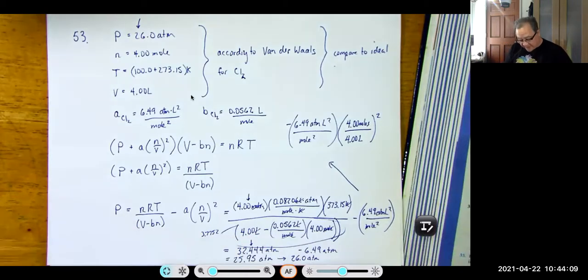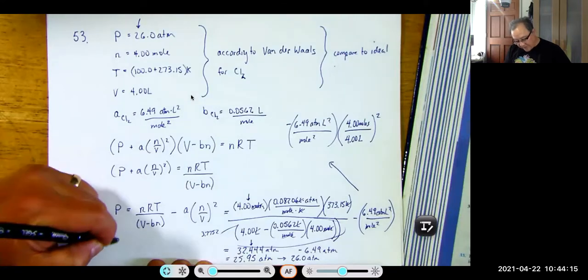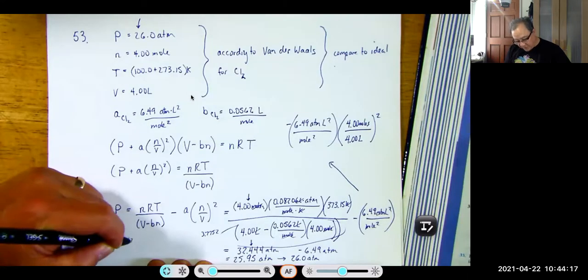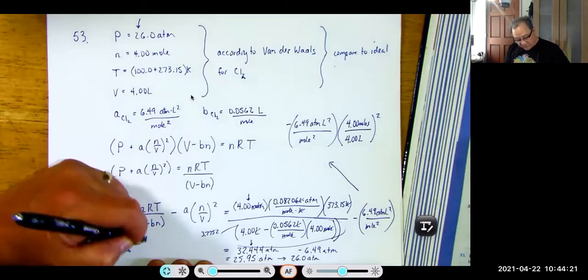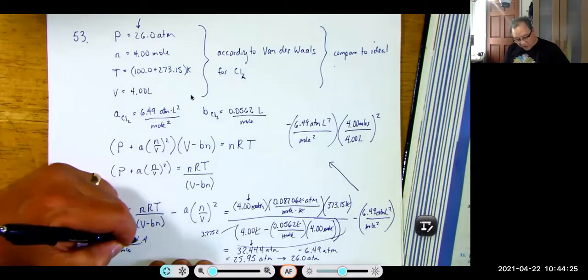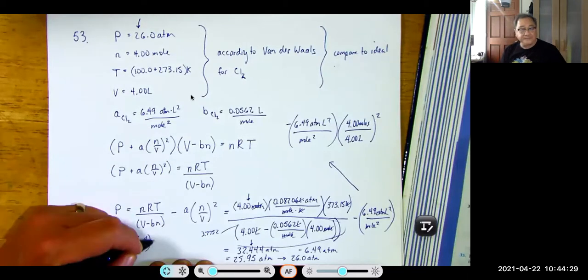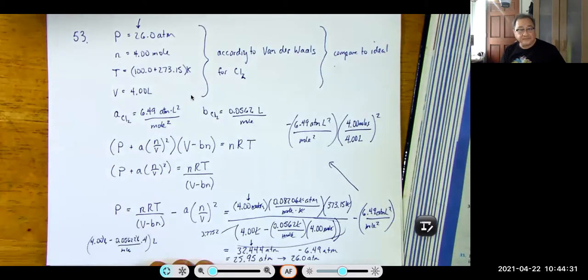We could actually write 4.00 liters minus 0.0562 liters per mole times 4. We could write this all as take the liters out here and put liters on the outside, right? Yeah.